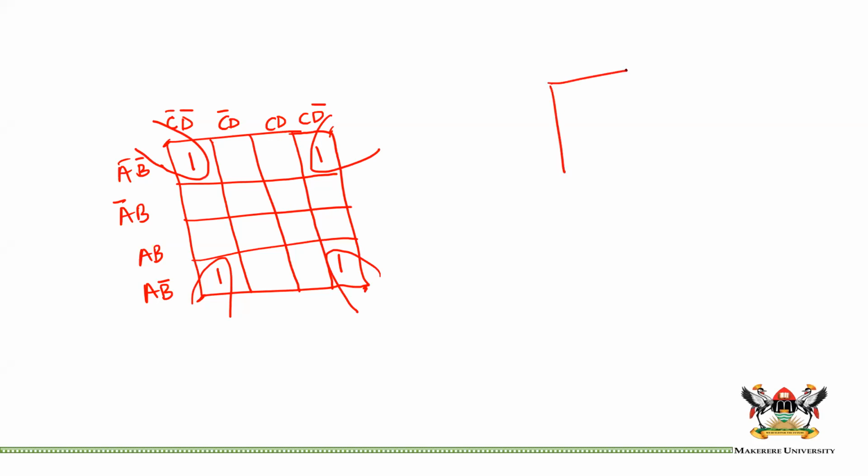If I have 1 and 1, but this one on this side is a loop of 4 ones. Here, if I have a 1 and a 1 here, but no 1 here, then I cannot draw this loop and that loop. So that loop is 2.